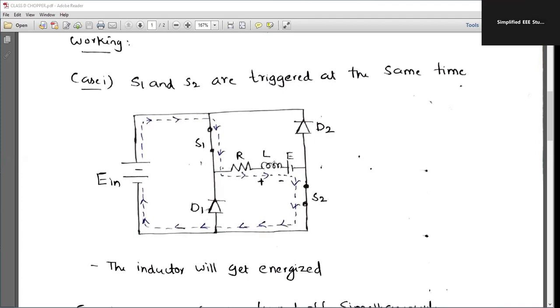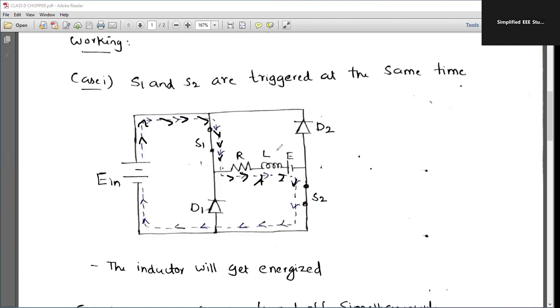Now you can see S1 and S2 are turned on simultaneously by providing a suitable gating pulse. You can check the current flow in this fashion. Now look at this, the current will be passing in this direction. S1 is conducting, then current is passing through the RLE load. Whenever current is passing through the RLE load, the inductor is going to store energy in the magnetic field.